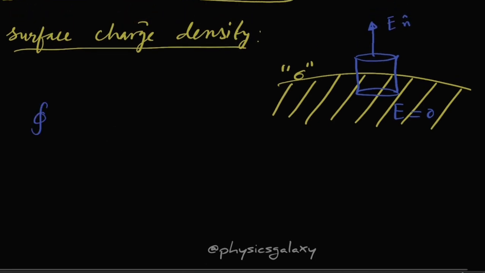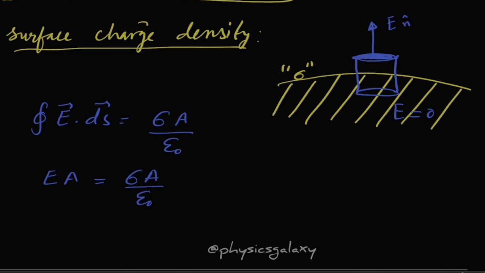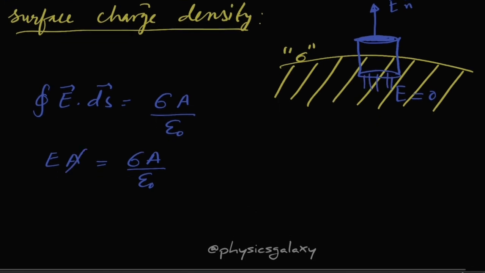The integral of E dot ds equals the charge inside, that will be simply sigma times A, where A is the area of this, divided by epsilon naught, and E ds will be simply EA equals sigma A by epsilon naught. Why didn't we include the flux from this surface? Because there is no electric field. A gets cancelled, the electric field equals sigma by epsilon naught, or we can get sigma as epsilon naught times E.